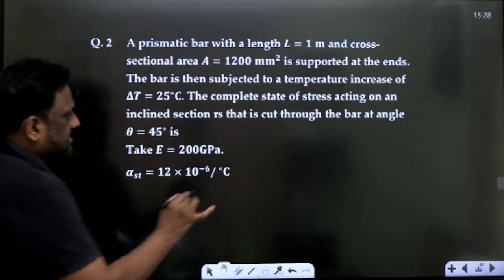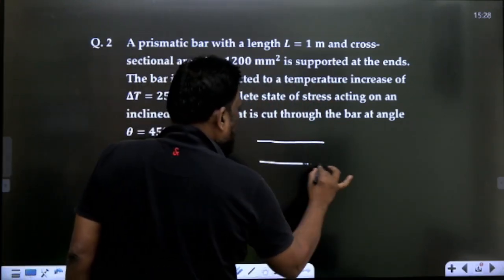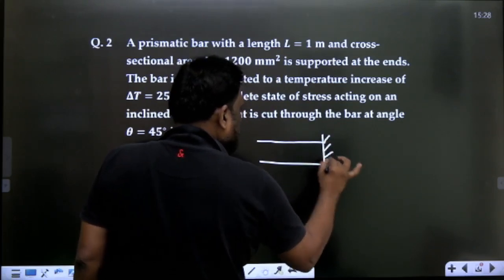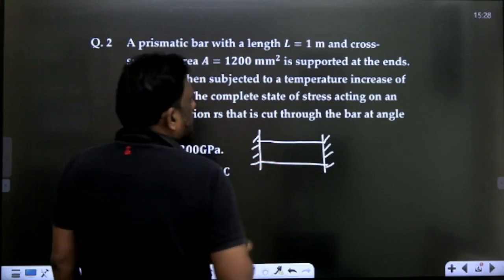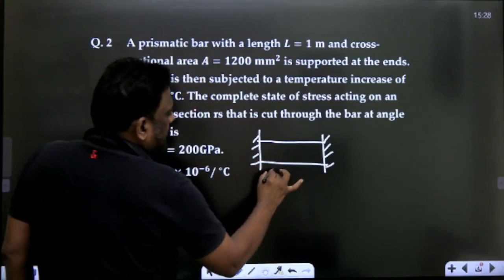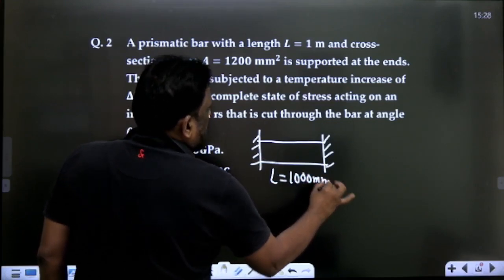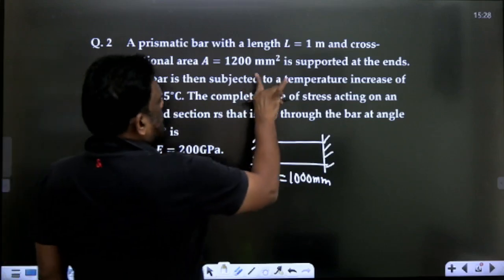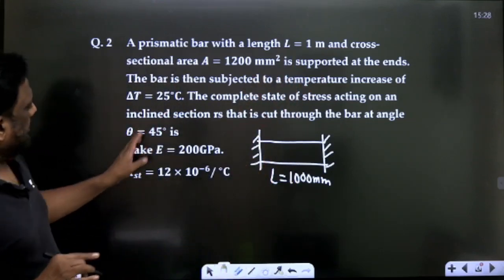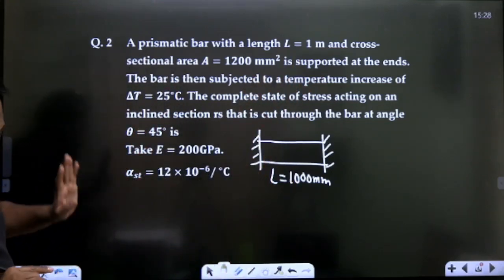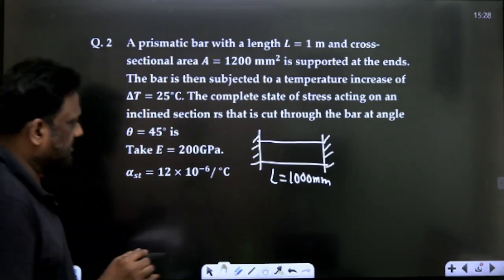First, let us find out the stress. This length is given as 1000 mm because 1 meter is given, and the area is also given. E is given and alpha is also given, no problem at all. Look once, sir.